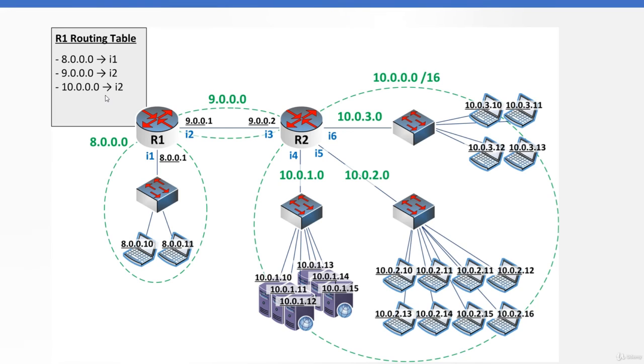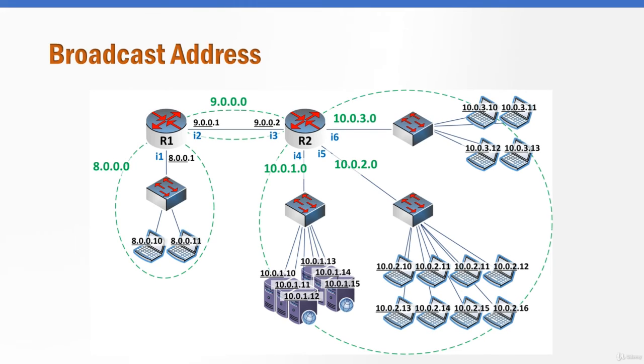Instead, it only goes through 1 route, because anyway, it's going to send a packet with a destination address of 10.0.anything through interface 2. I hope that made sense. We'll talk about this further, but just to give you an idea of what's possible to do with IP addressing.